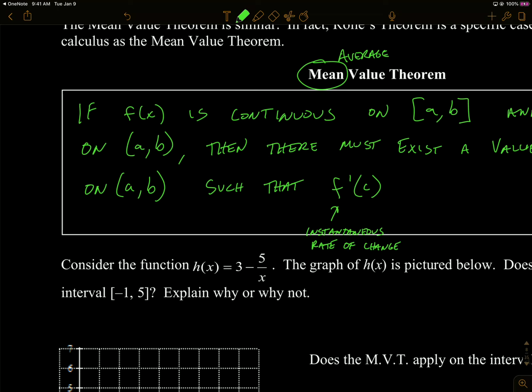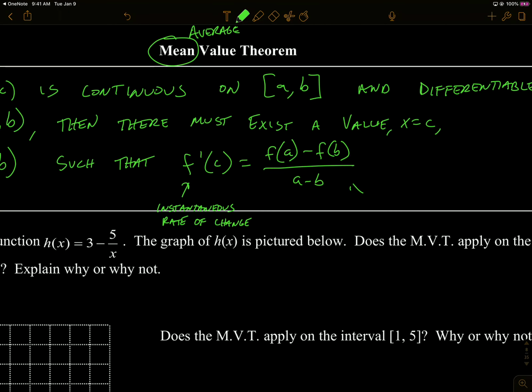So at that x value, the derivative has to be equal to the average rate of change. The derivative is the slope of the tangent line at a certain x value, and it is going to be equal to the slope of the secant line, or the average rate of change over that interval. So this represents our average rate of change.